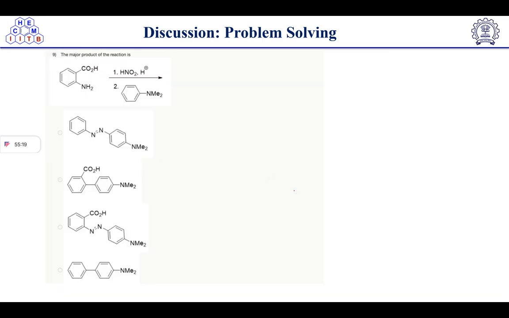The major product of the reaction is, here again we have HNO2, acidic condition H plus. So whenever we see this one, we have to make the diazo. Remember this one.